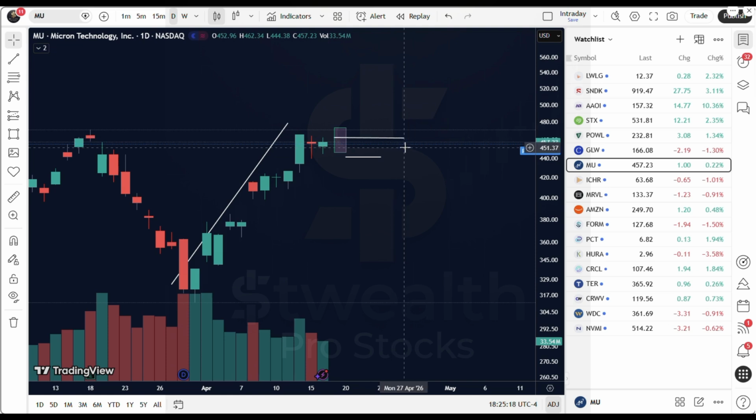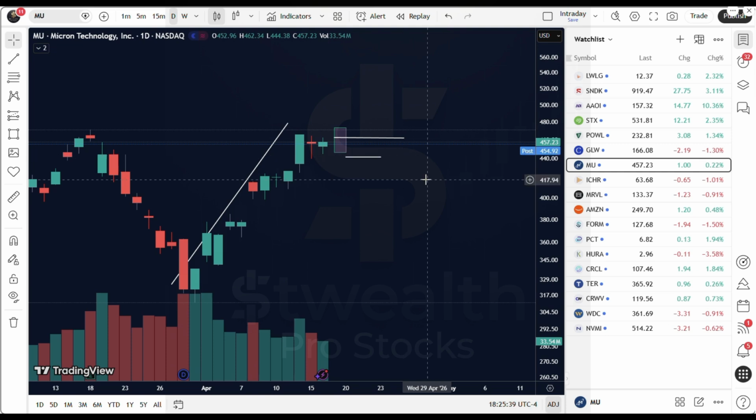What I mean by risk widening is, if I enter here at 446, then my stop is 441, $5 risk. But if I enter here at 462, and my stop is 441, that is like a $20 risk.